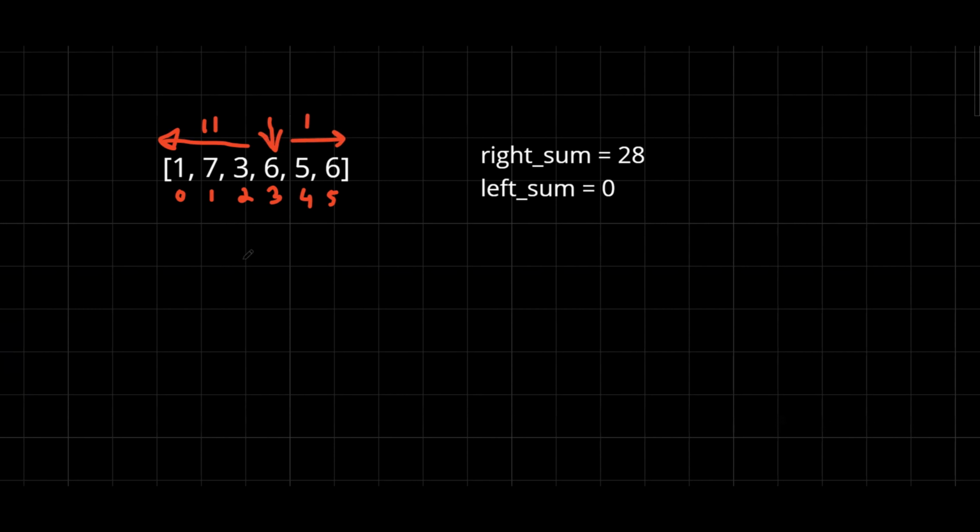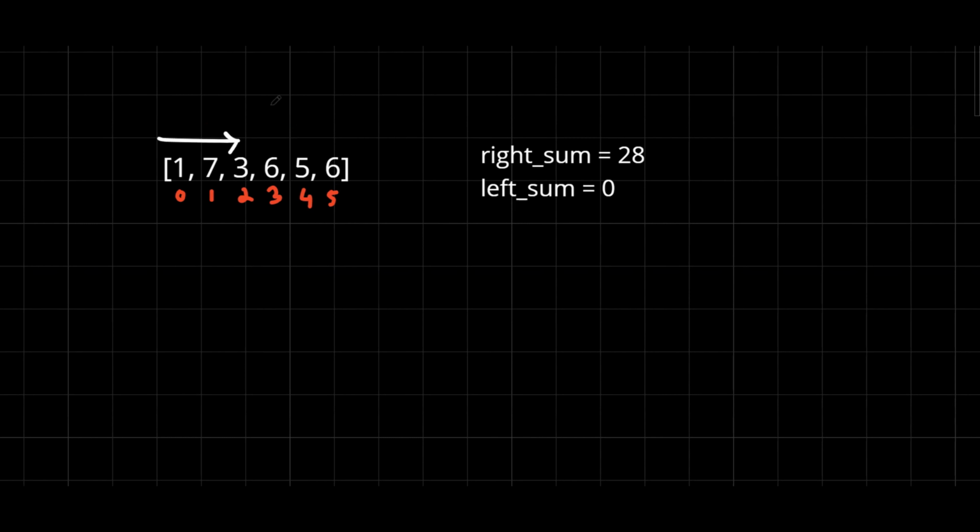At first, we have to calculate the summation of the whole array, which is stored in the right sum, which is 28. Here, 28 is equal to 1 plus 7 plus 3 plus 6 plus 5 plus 6. Now, the algorithm is pretty simple. At first, we will iterate from left to right.